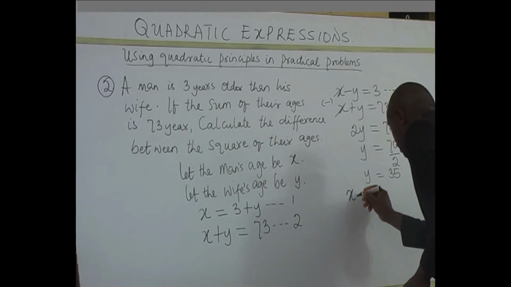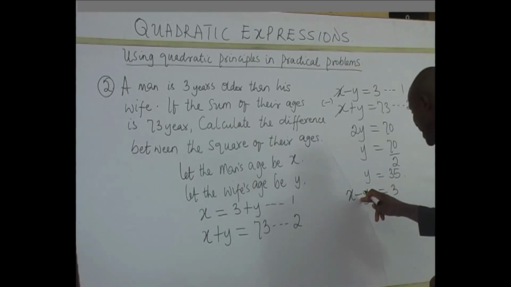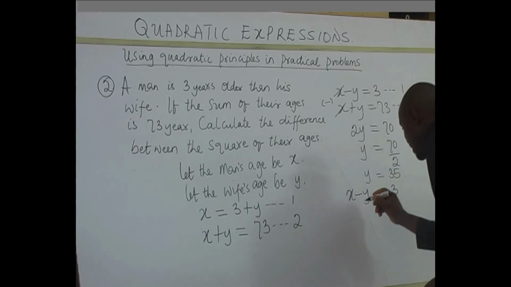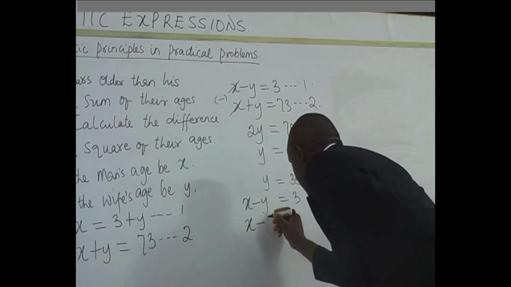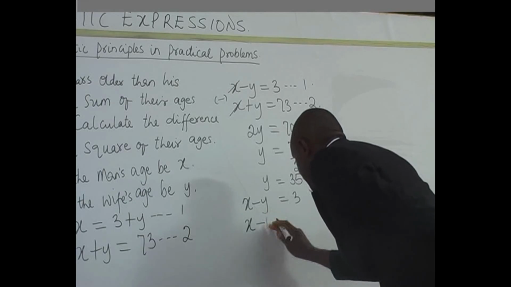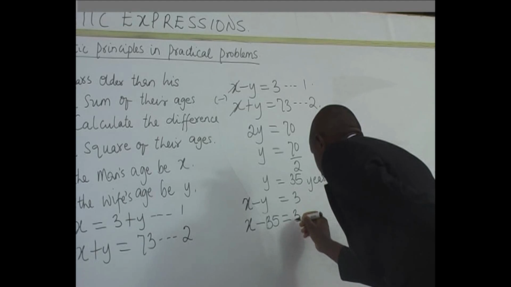If X minus Y is equal to 3 and Y is 35, that means X minus 35 is equal to 3.